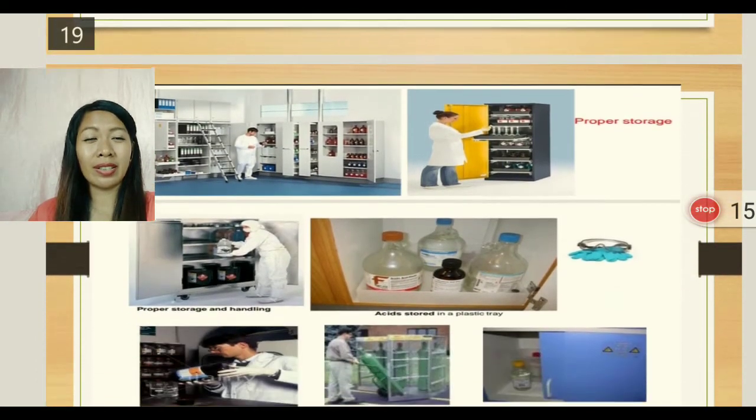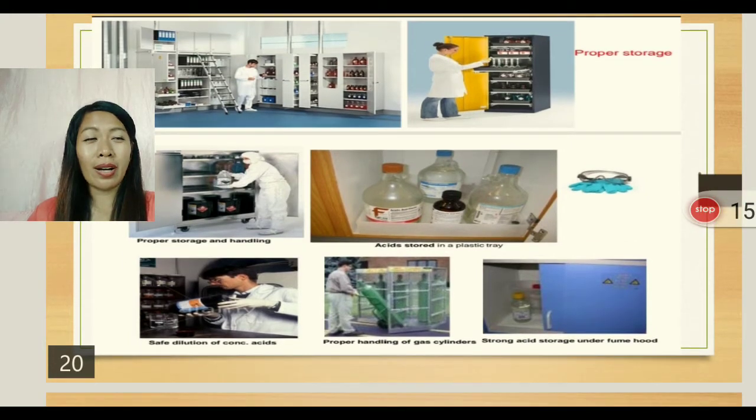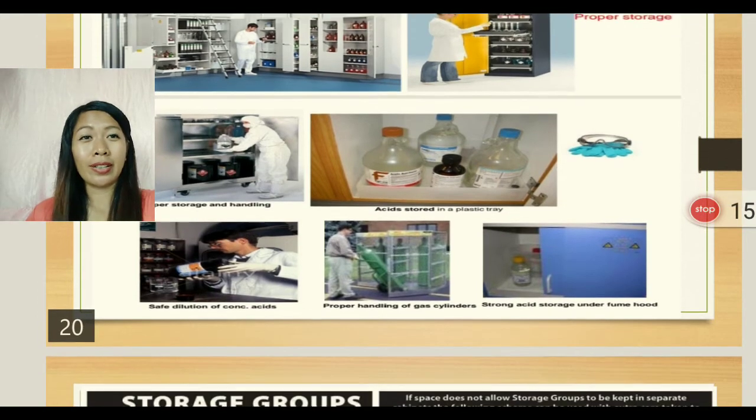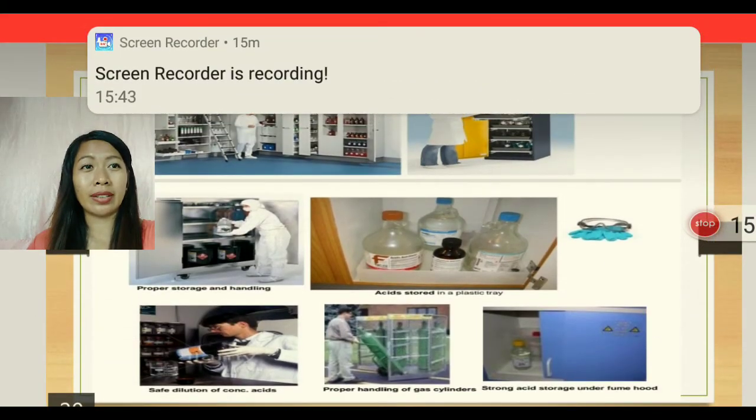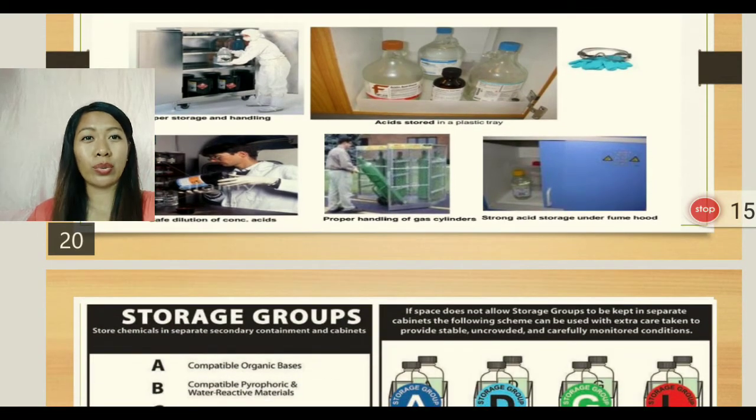It's dirty. So for proper storage, we can see that it's nice to see. It's orderly. It's very neat, and they have a specialized storage cabinet, shelves. So there, we have to see to it that chemicals are properly stored.